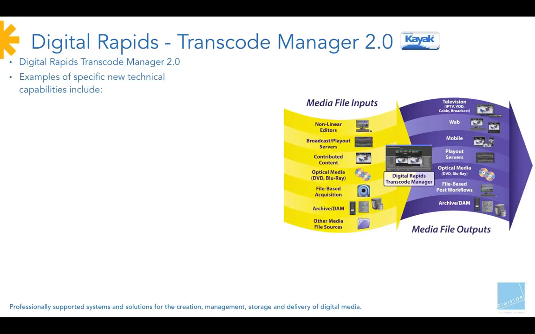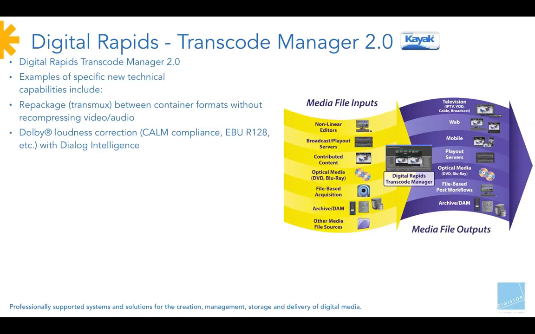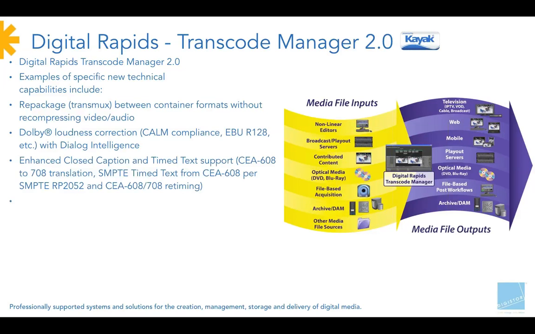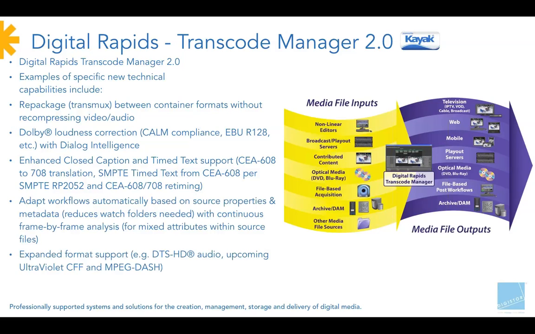So really, on the Digital Rapids side of things, it's really anything to anything. There's very few elements that are actually left out of it. So the closed captioning support that I mentioned before, this absolutely does the teletext and the closed captioning. It'll do your Dolby loudness correction. It'll mux and remux material as you go.